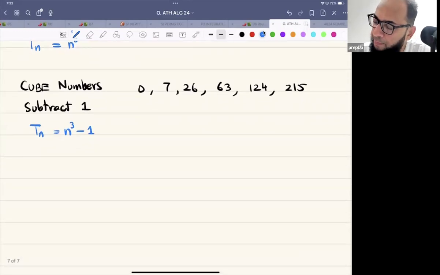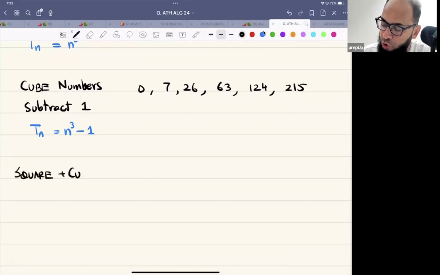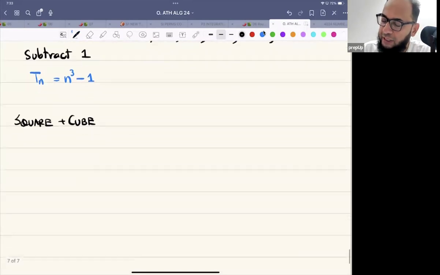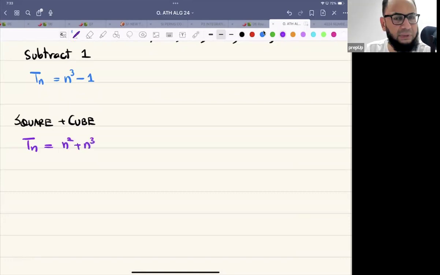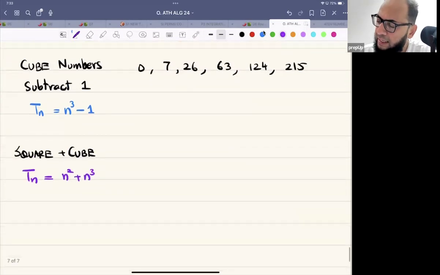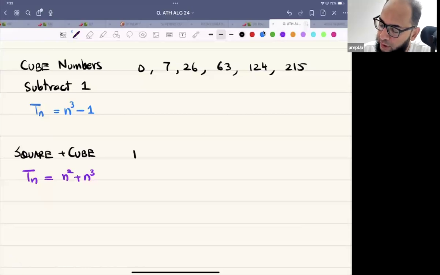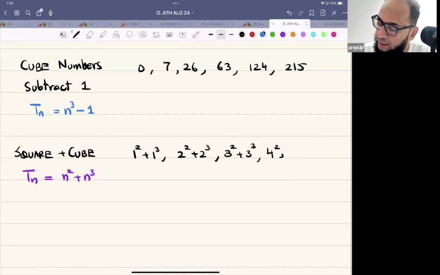What about a pattern made by combining a square number pattern, square plus cube? So this time let me write the pattern over here. Tn is n square plus n cube. Someone can make it up like this. So this is 1 square plus 1 cube, and this is 2 square plus 2 cube. This is 3 square plus 3 cube, and 4 square plus 4 cube, and so on.